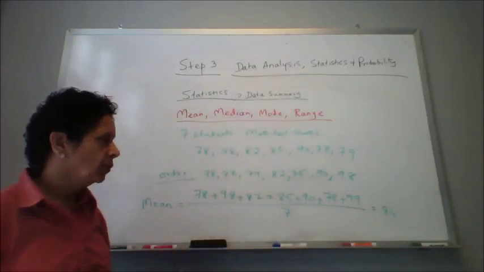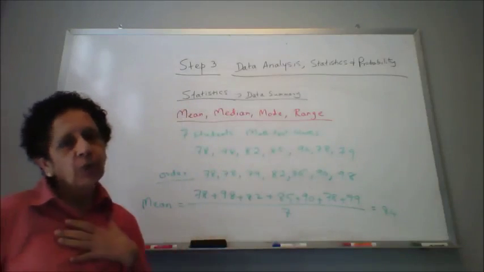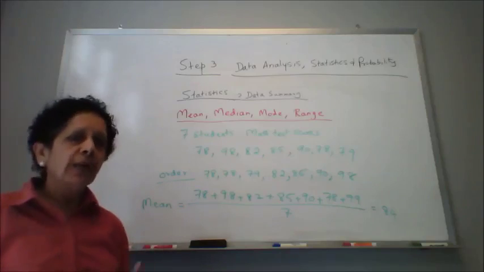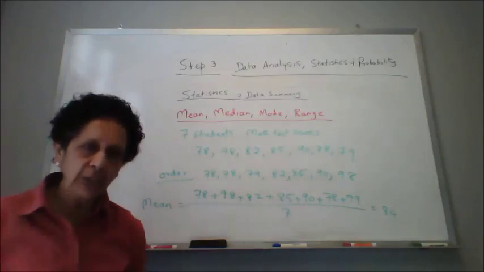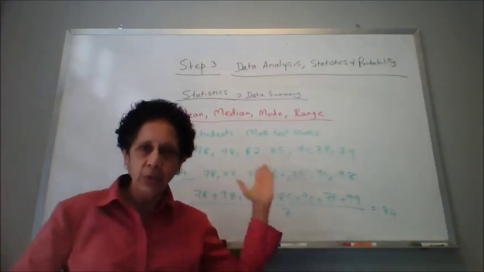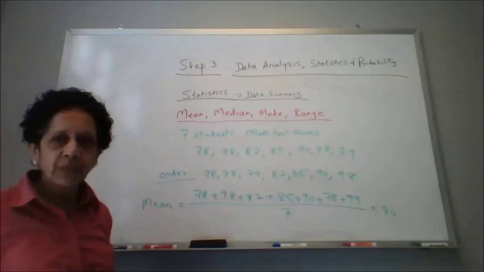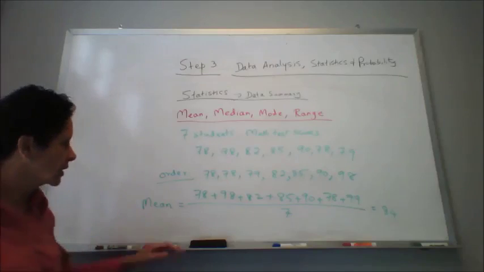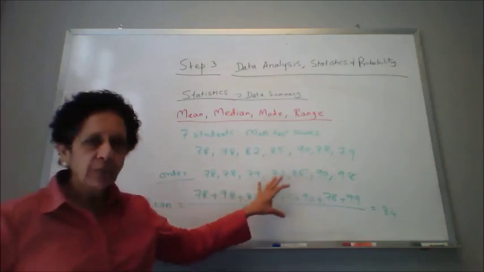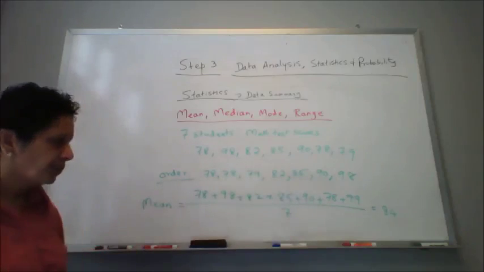So I can tell you the average score in my class is 84, so my class is doing good. Then it'll make sense to you instead of all these individual data points, right?